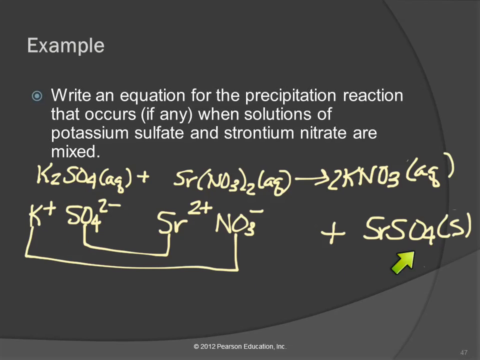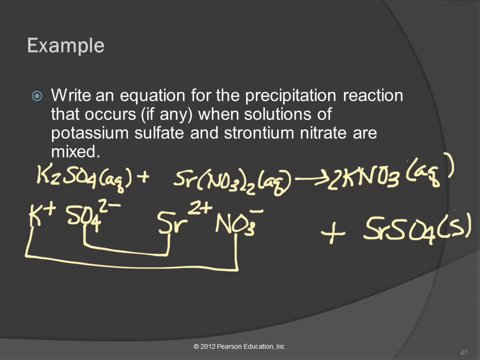And over here I've got 1 SO4, so that's okay. Here I've got strontium, 1 of them, and over here 1 Sr. Here I've got 2 nitrate ions, and over here I've got 2 nitrate ions. These precipitation reactions are usually pretty straightforward to balance. Any questions?